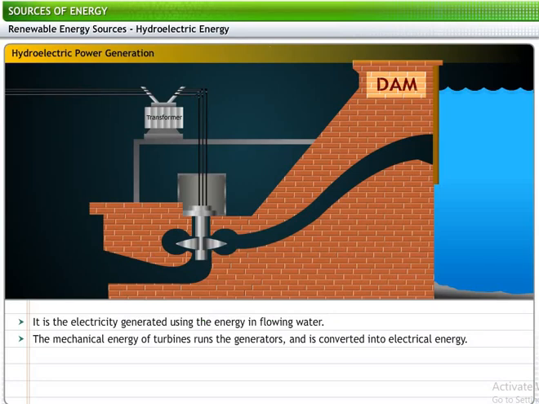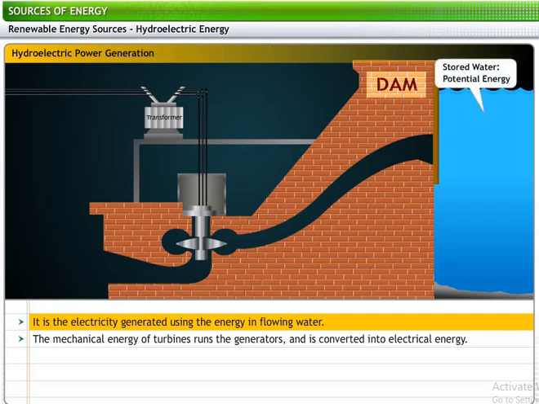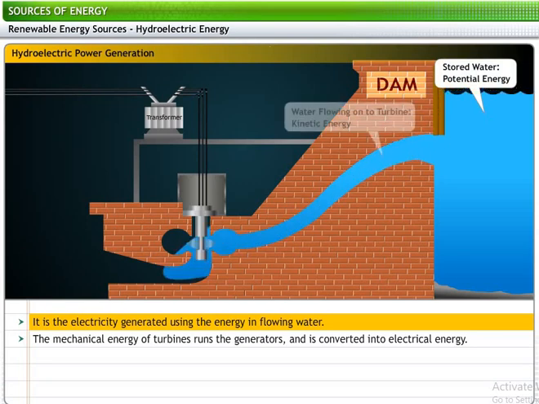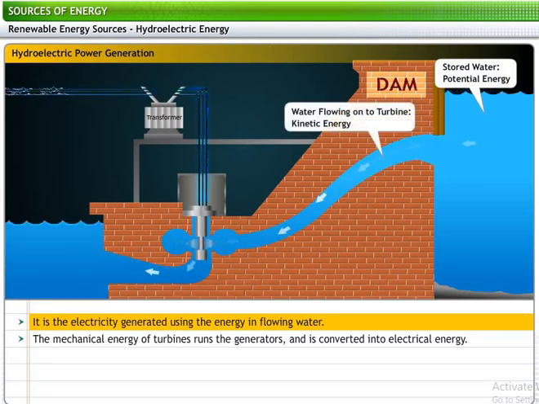Hydroelectric power or hydropower refers to the electricity generated using the energy in flowing water. To generate hydroelectric power, flowing water is stored in a dam. When this water is channeled into the power station, its potential energy is converted into kinetic energy.